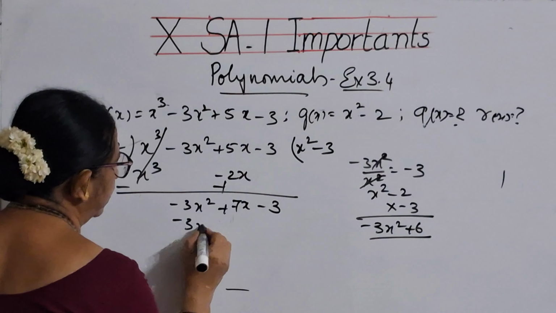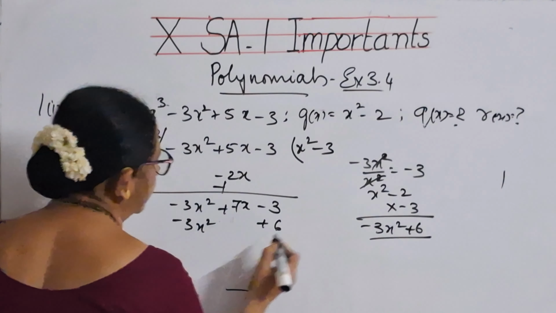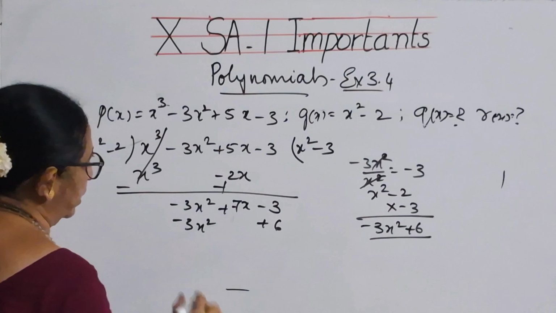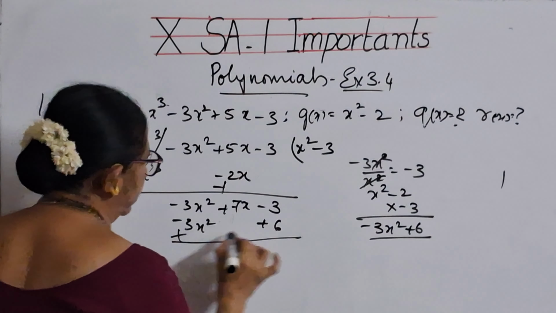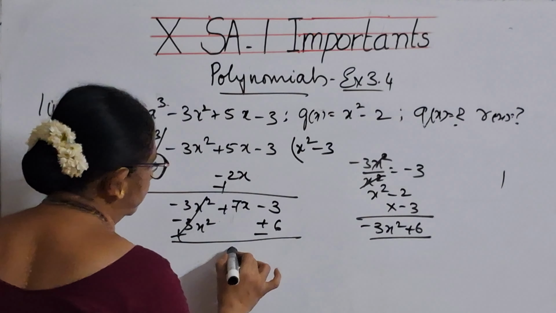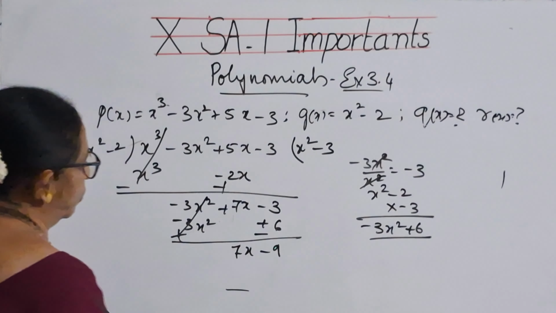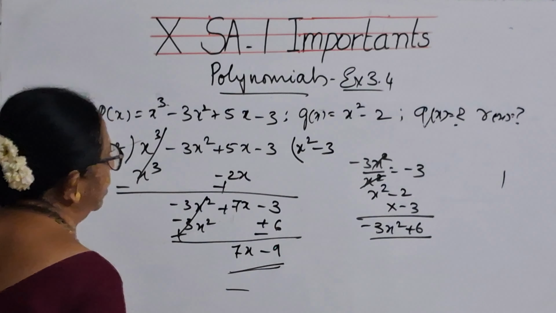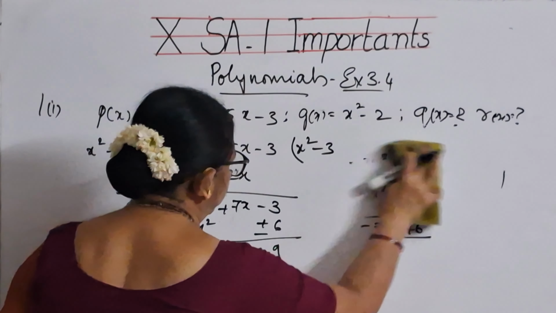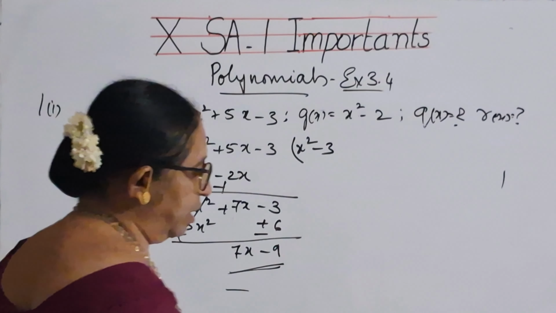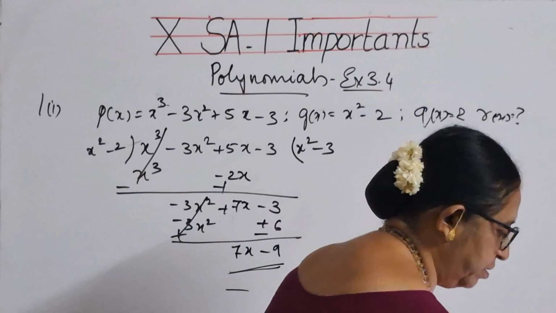So minus 3x square plus 6 is here. You should leave that x because there is no value of x you are getting. Now plus and minus, what are you getting, children? 7x minus 9 you are getting. So consider this as the remainder, and x minus 3 is your quotient.